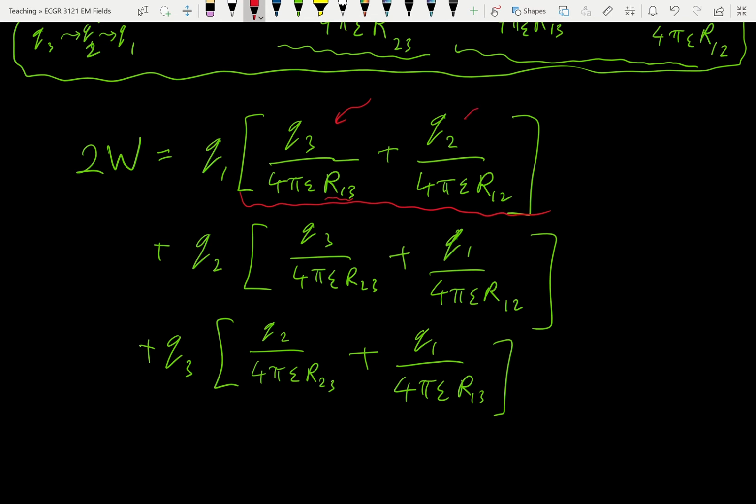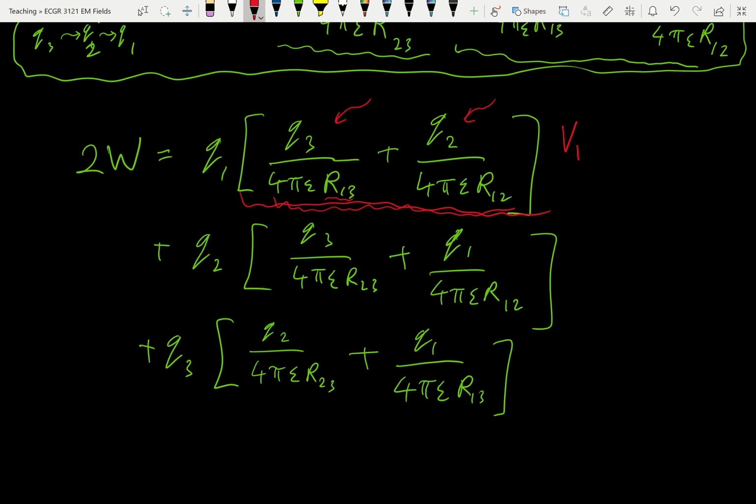And this looks like the voltage due to Q2 at the point where Q1 exists. So this looks like a superposition of the voltages from the two charges other than Q1 at the point where Q1 exists. So this looks like the voltage at Q1, right? So this is V1. This is the superposition formula for the voltage at Q1 due to Q2 and Q3.